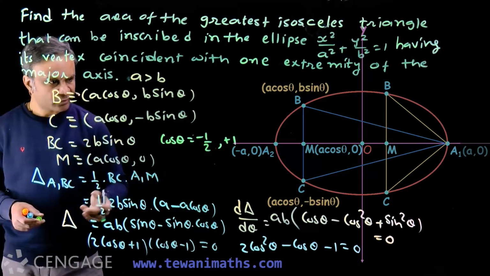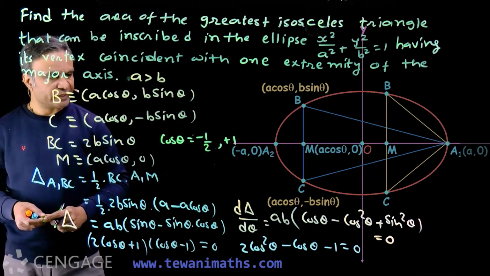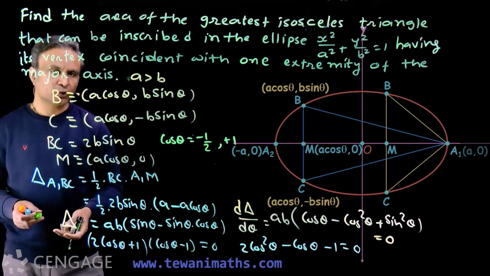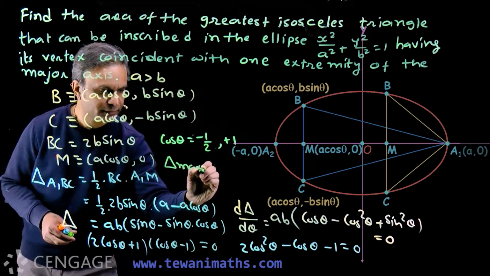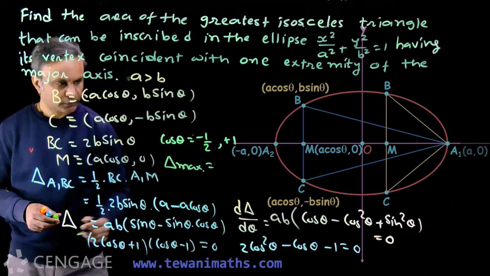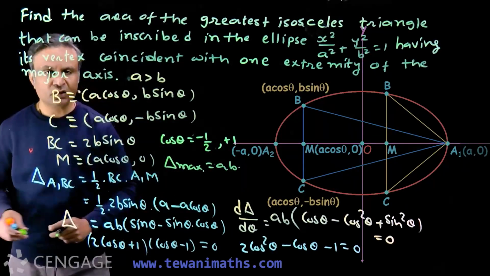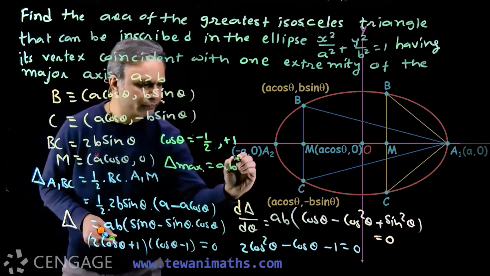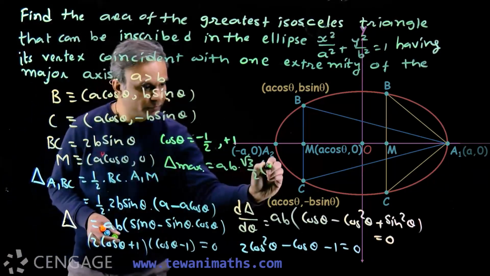Okay, and how can we get maximum value of delta? For cos theta is equal to minus 1 upon 2, sin theta will be root 3 upon 2. So we have delta max is equal to AB multiplied by sin theta. I am taking sin theta common. Value of sin theta will be root 3 upon 2 multiplied by inside bracket we have 1 minus cos theta.